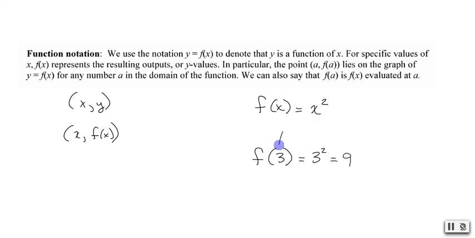This is the input that was put into the function, and then this is the output. So f of 3 is 9. This also corresponds to the point 3, 9, if you want to think of it that way.